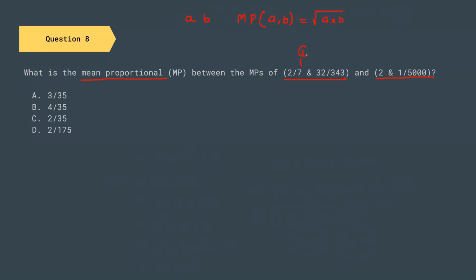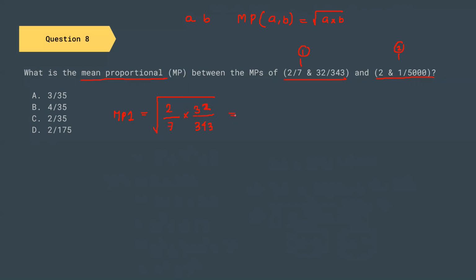This is our 1 and this is our 2. So what is the value of MP1? The value for MP1 is root over 2 by 7 into 32 by 343. This is 32, not 3 square.